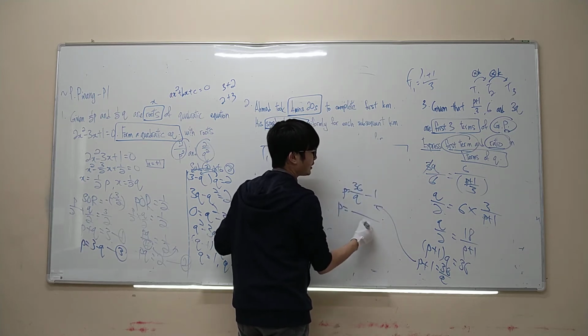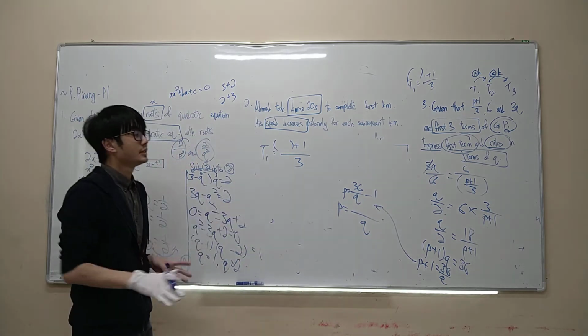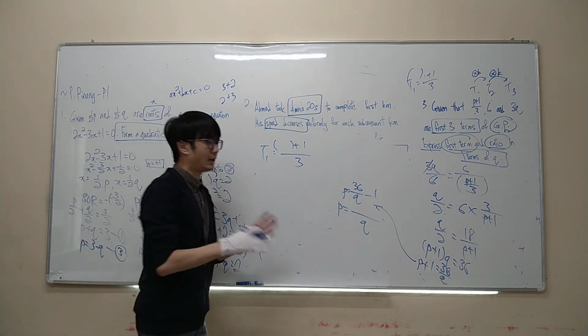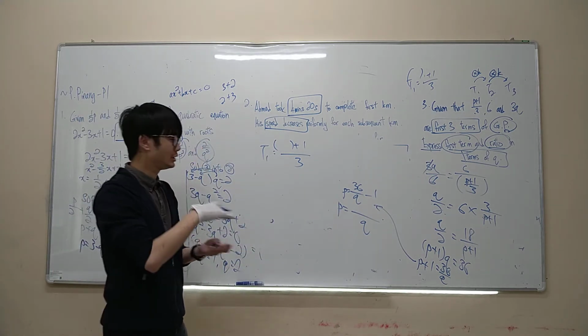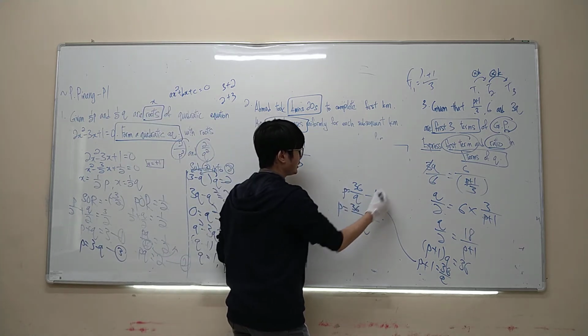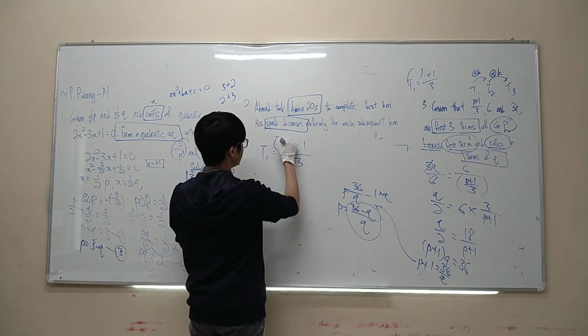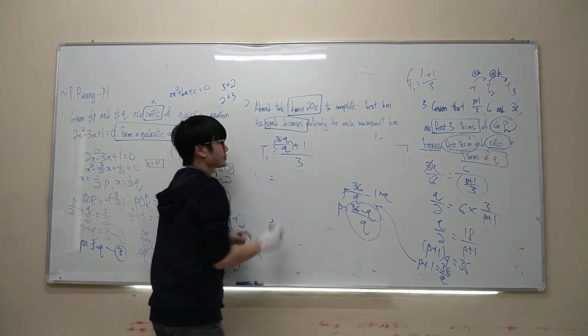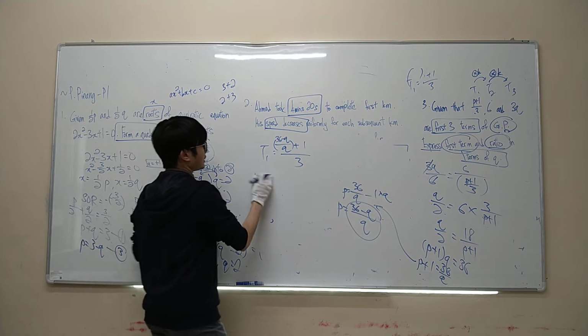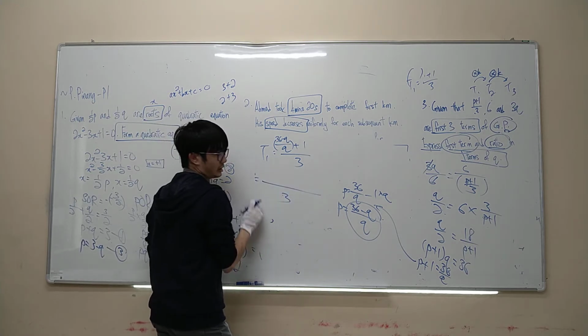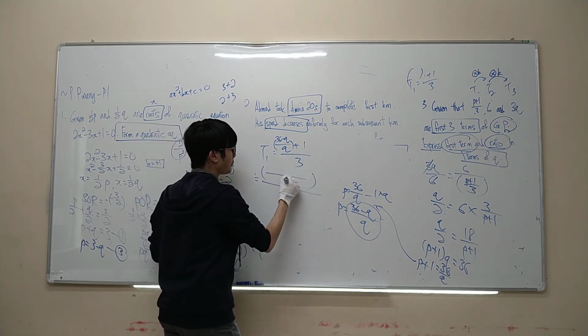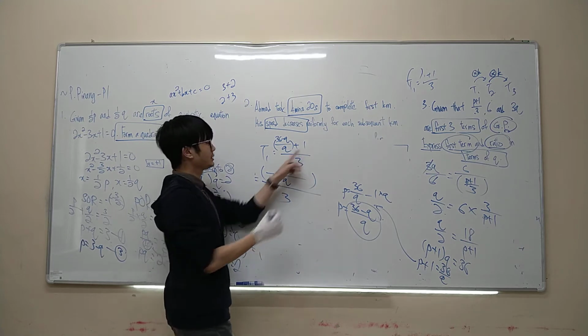Actually we can simplify. How? Make the denominator the same, right? Make the denominators the same. How? 36 over Q, minus 1 times Q, so minus Q. So when you put this in here, you become 36 minus Q over Q, over 3. The top can be made over Q as well, because here it is over 1.